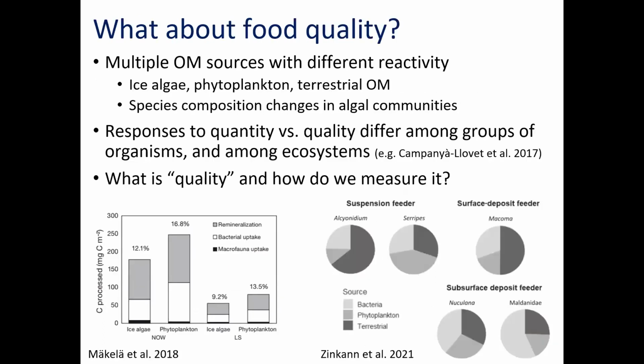The other point that I think a lot about, and didn't have time to go into detail on, but would like to throw out as a thing to think about in our further discussions, is changes in the quality of the organic matter that we're likely to see. In my region, ice algae is a big part of the story.